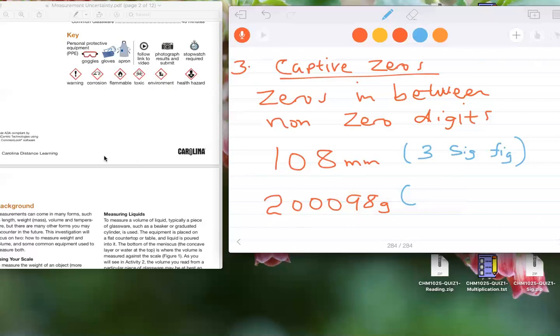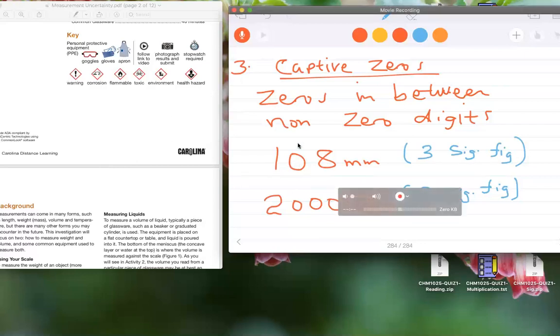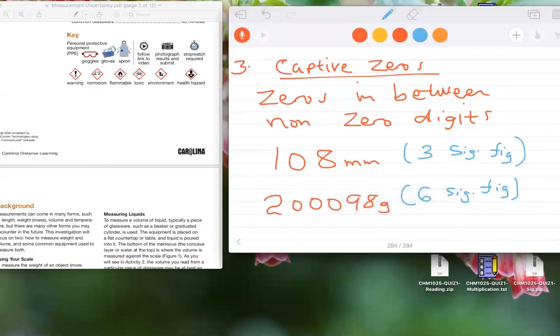So this has 1, 2, 3, 4, 5, 6 significant digits, significant figures. We count these captive zeros as significant. You have to know the leading zeros are different from the captive zeros.